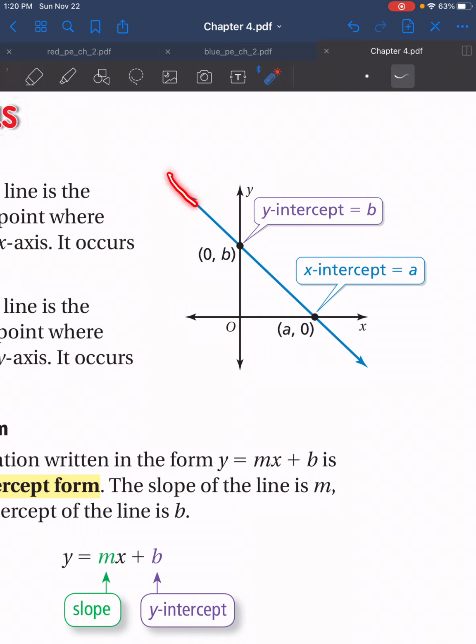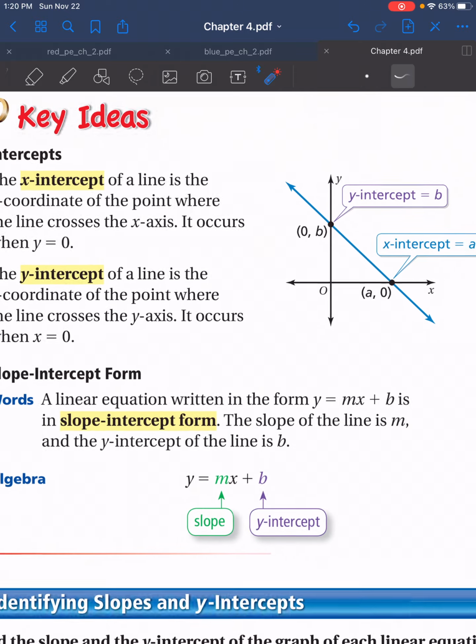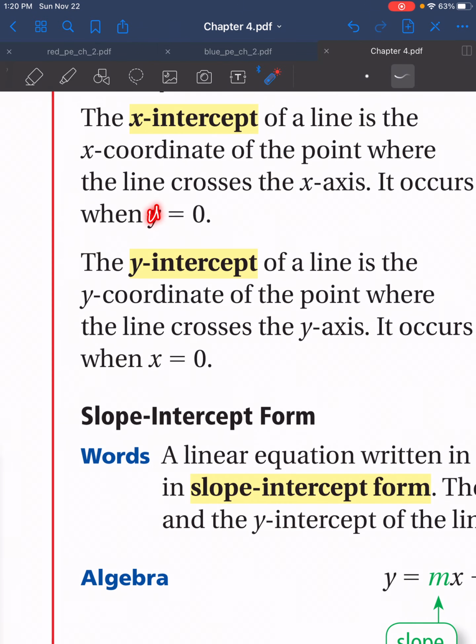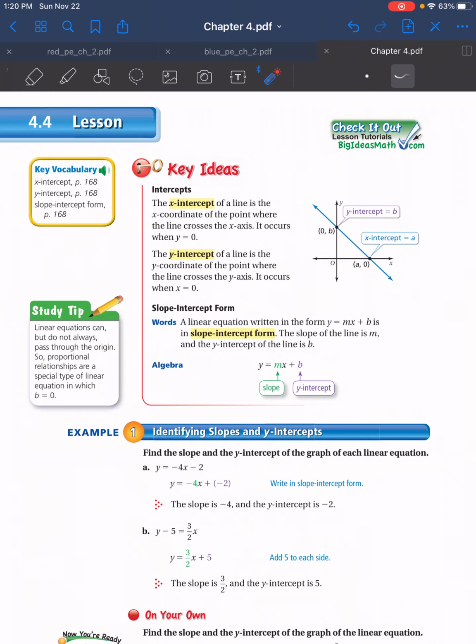For example, if I had a line like this and I extended it, eventually it'd go through the x-intercept. So we do have a y-intercept and we do have an x-intercept. It's where they hit the axes, okay? So we'll talk more about that. The y-intercept will be y equals whatever number, and then the x-intercept will be x equals whatever number, okay?